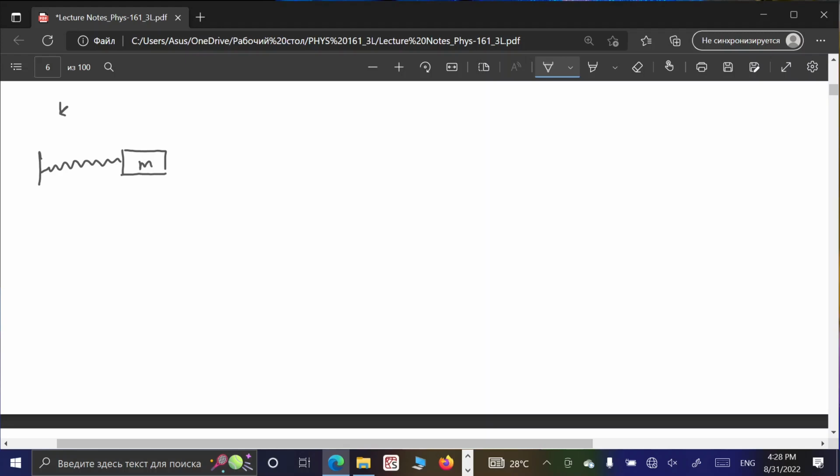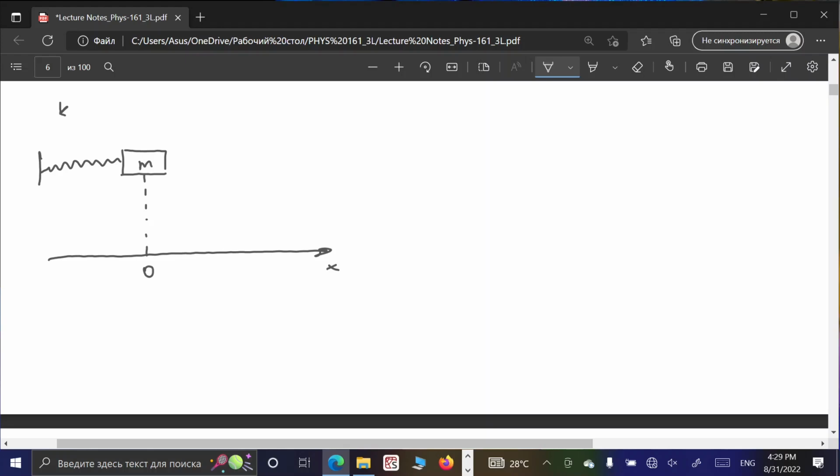Now at this point, we consider this system in equilibrium. So that is axis x, and this is coordinate y.